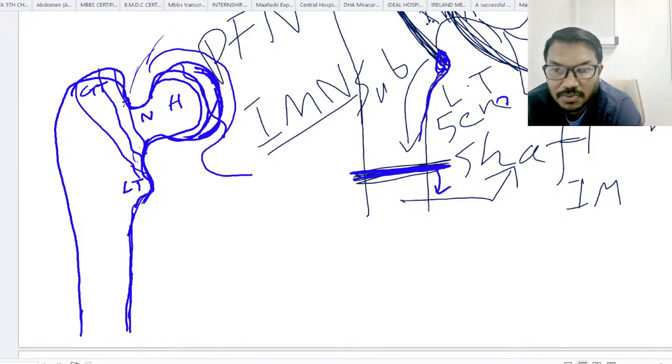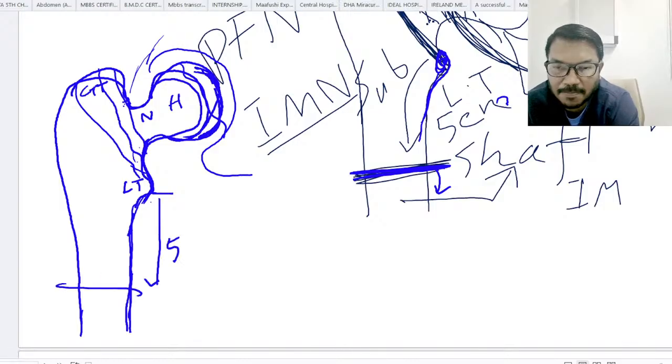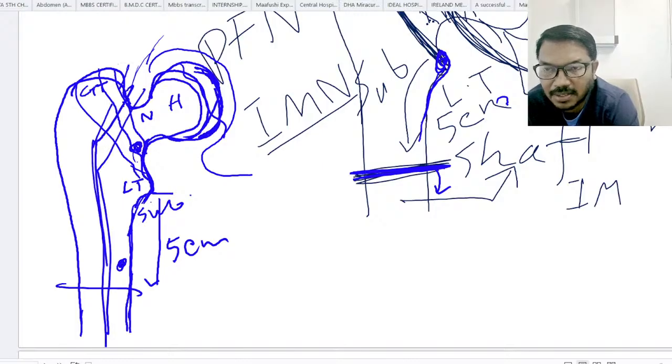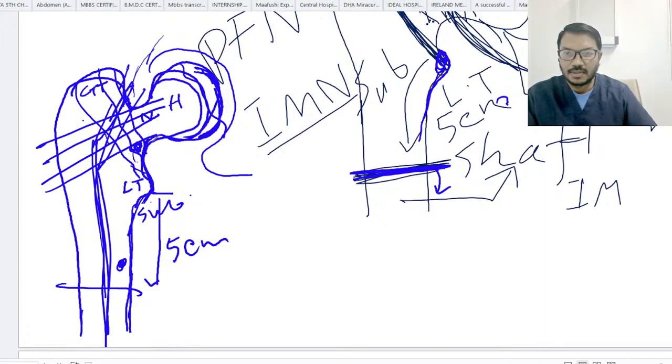Subtrochanteric, from here we can come up to 5 centimeters. This is called subtrochanteric. Either pre-trochanteric or subtrochanteric, our treatment option is an IM nail. We can put the intramedullary nail here and then fix it with the screw.